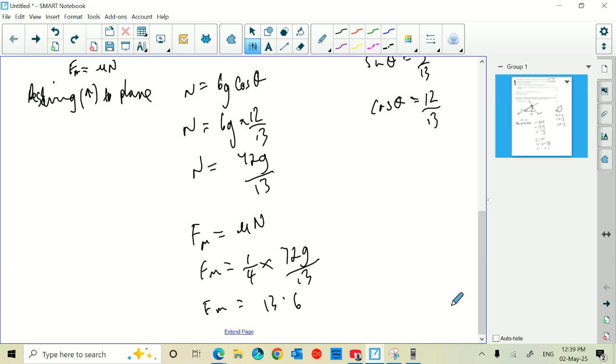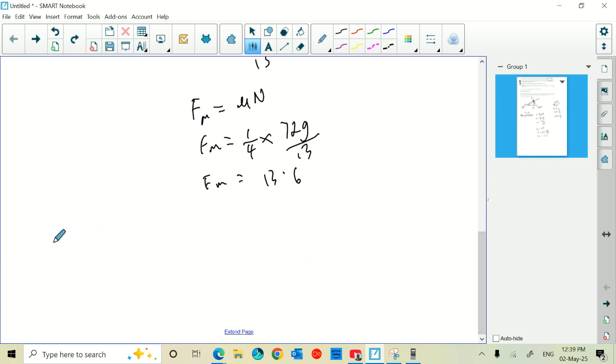Part B now. I'm going to resolve along the plane, resolving parallel to the plane. Let's have a look at part B and let's extend it. It will take some time, this question. You've got to be patient with it.